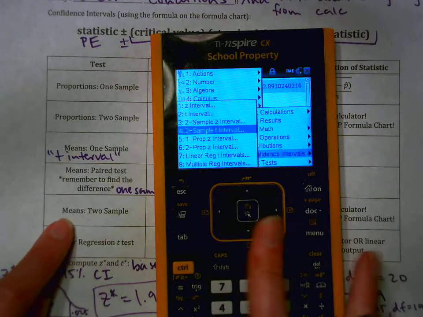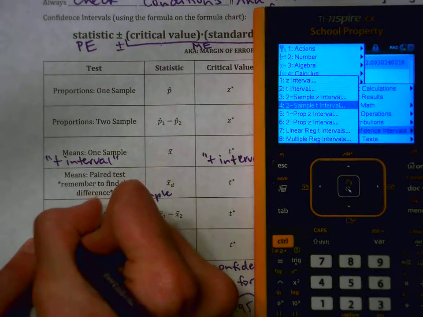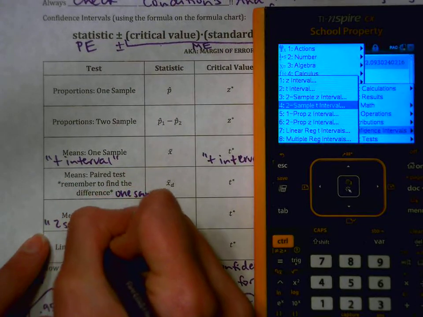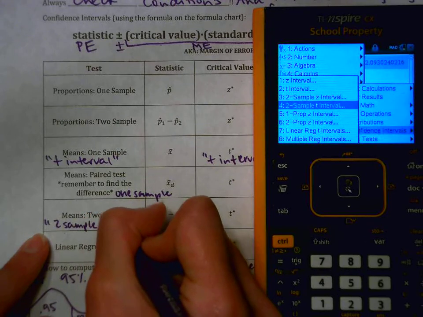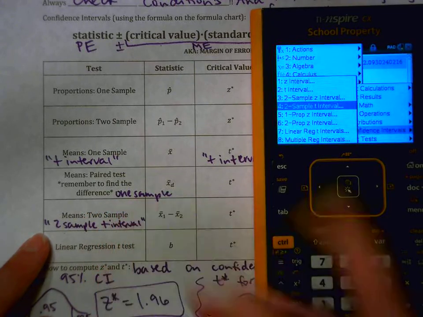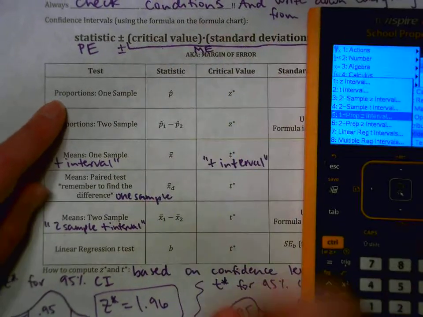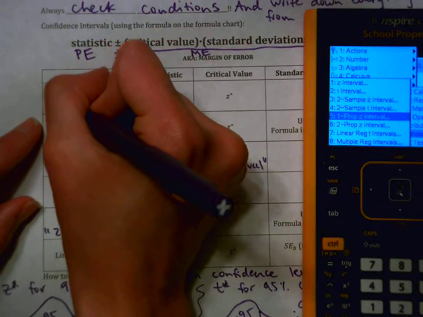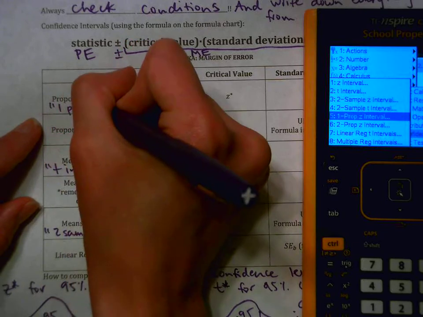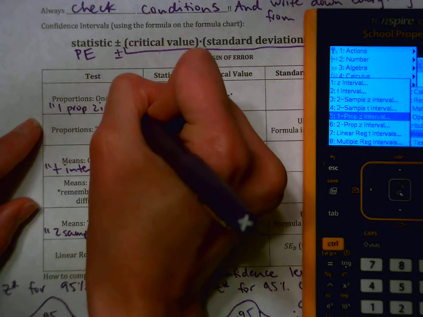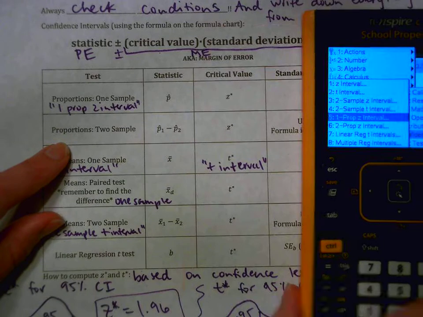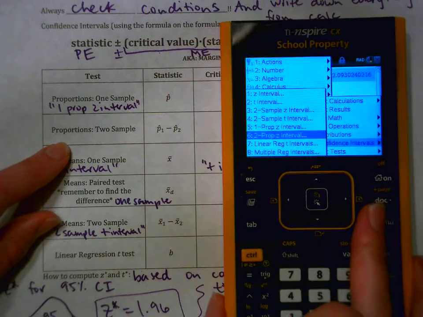So we're going to use two sample T interval mostly. One prop Z interval would be for one proportion. And two prop Z interval would be for a difference in two proportions.